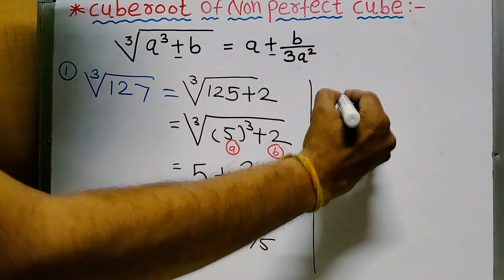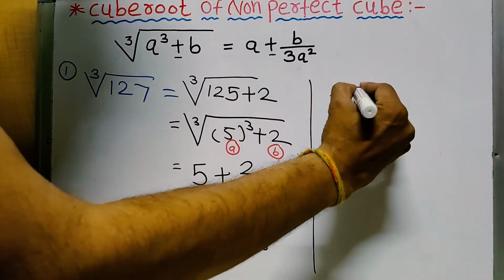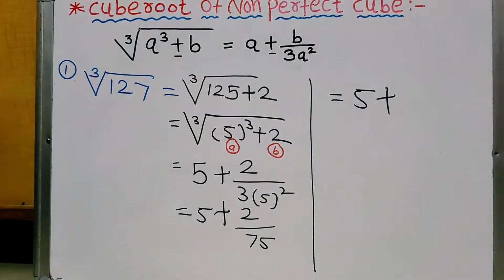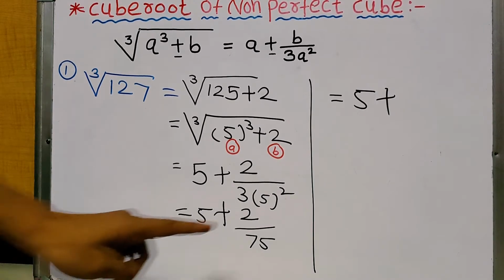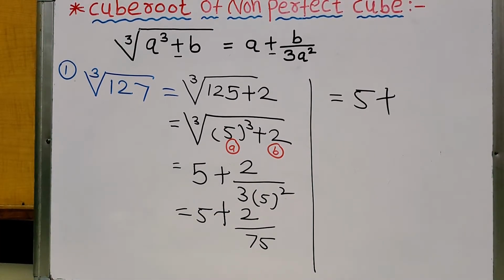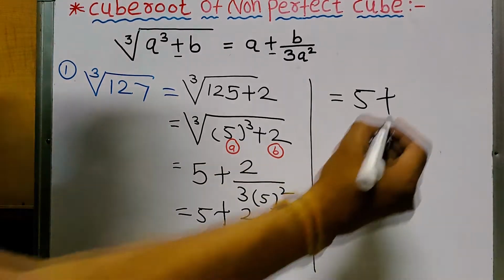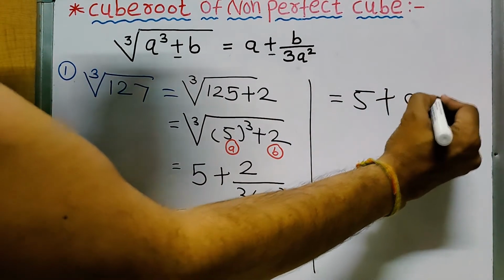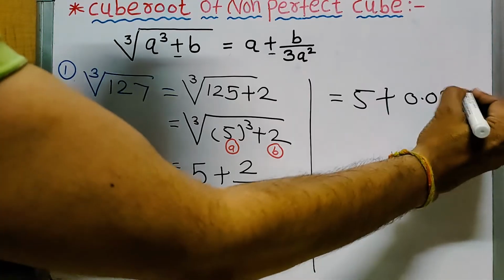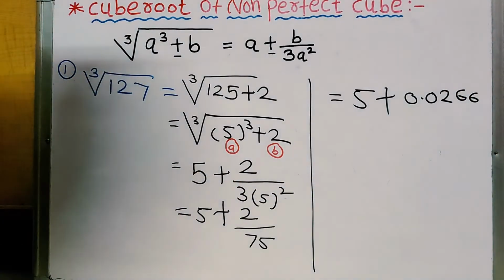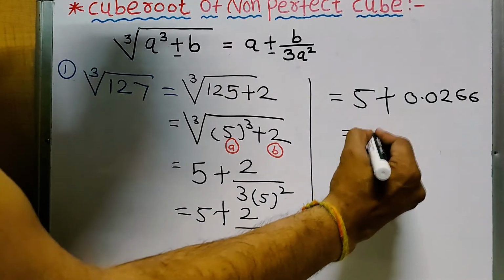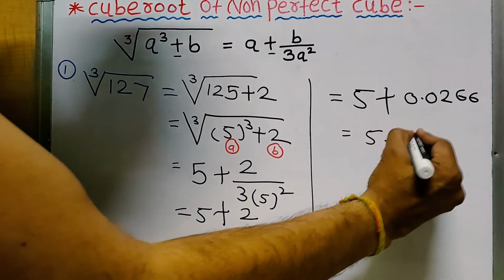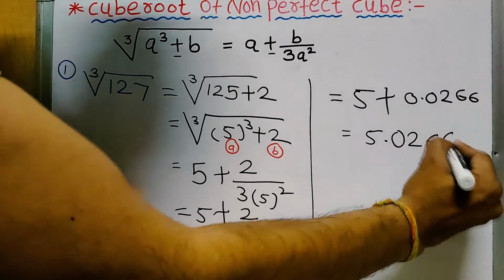After that, 5 plus the value of 2 by 75. That means 2 divided by 75 is 0.0266. After that, add them, so 5.0266.